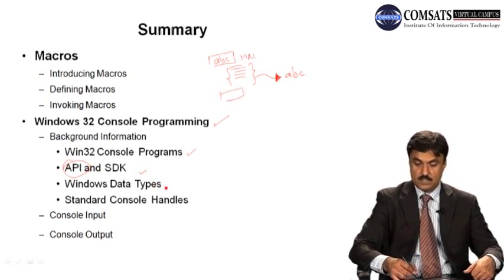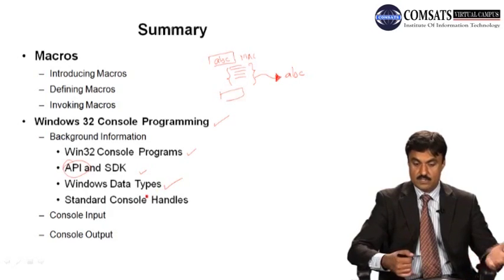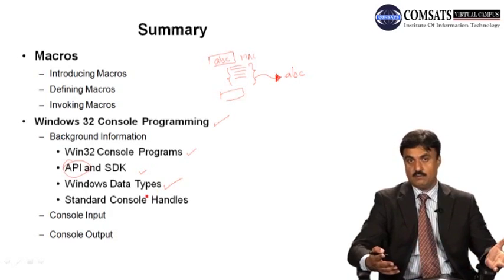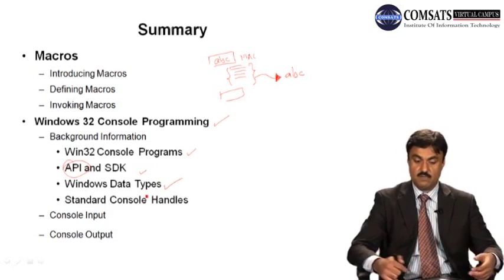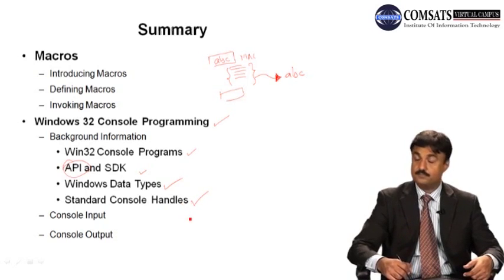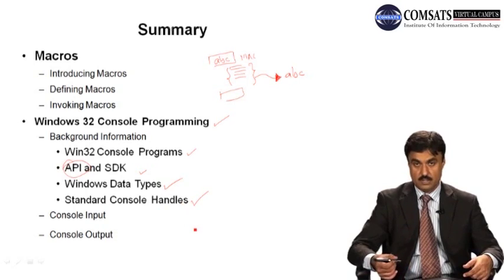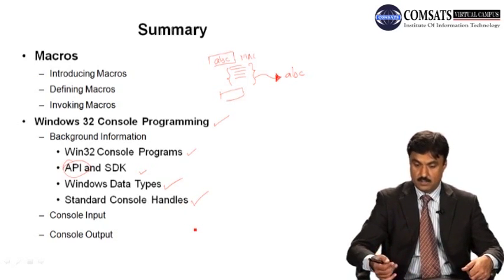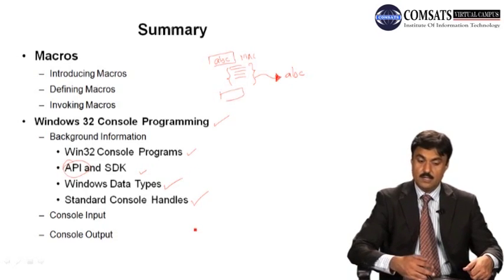We have also seen the relationship between the Windows data types and how we can relate them with the data types in assembly. And we have seen the standard console handles, which we can use to request the console handles and so on.